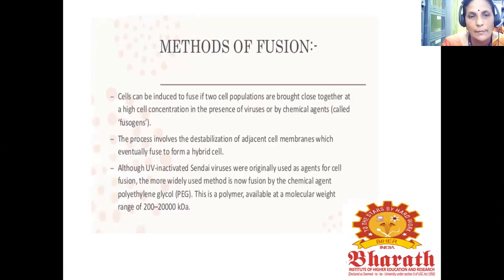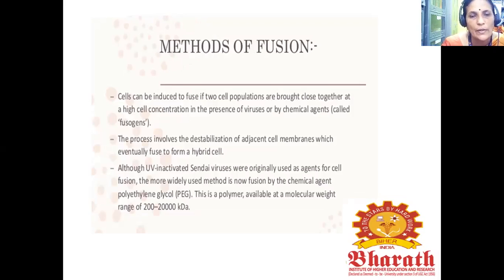The cells can be induced to fuse if two cell populations are brought close together at a high cell concentration in the presence of viruses or a chemical agent. We call it a fusogen. The process involves the destabilization of adjacent cell membranes, which eventually fuse to form hybrid cells.